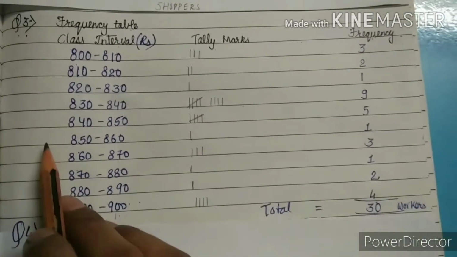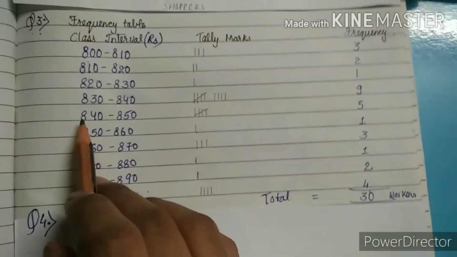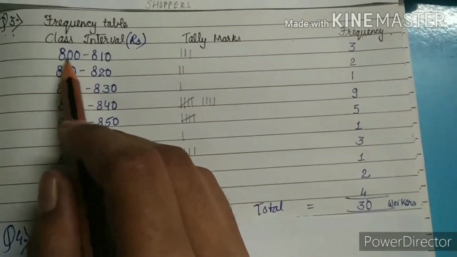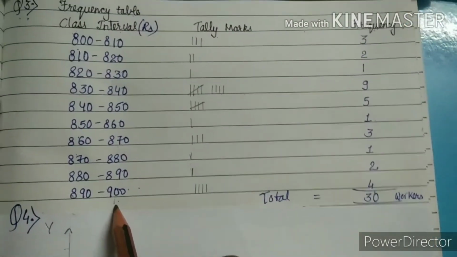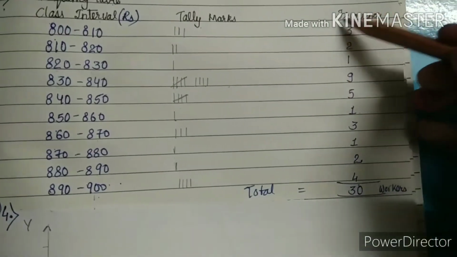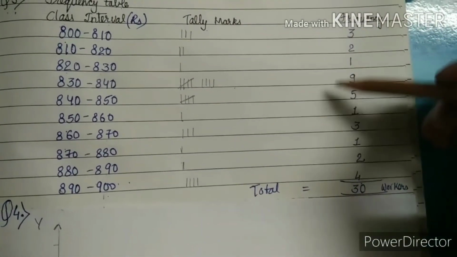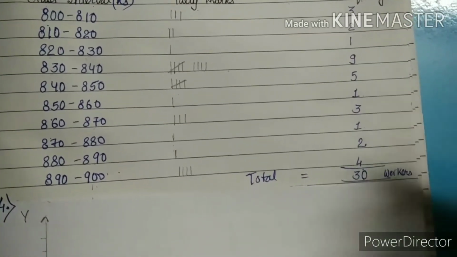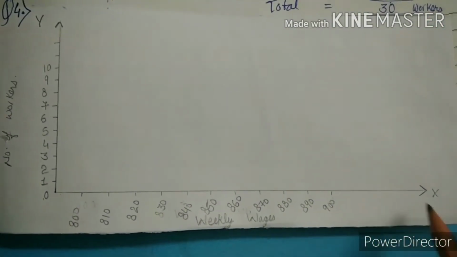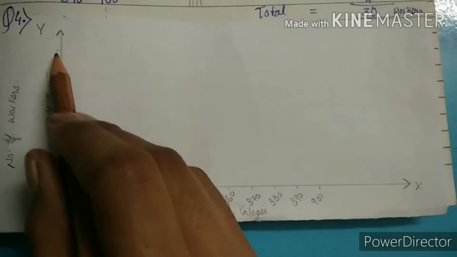So here is the question number 3 frequency table. In this table we had taken the total range of 800 to 900, and the number of workers we will take from here. As you can see, here is the x-axis and here is the y-axis.